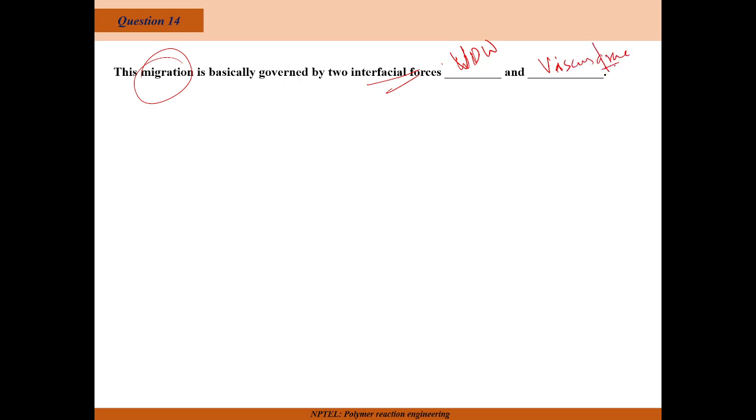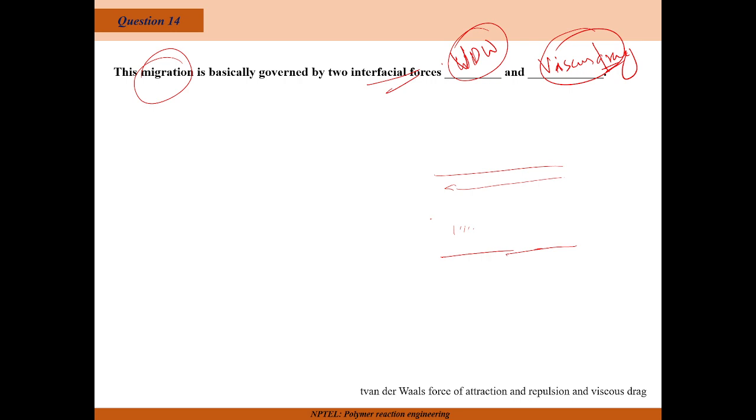If we have a fluid, viscous drag is when the movement of one layer of the fluid is hindered due to its viscosity. So the two major interfacial forces are van der Waals forces and viscous drag.